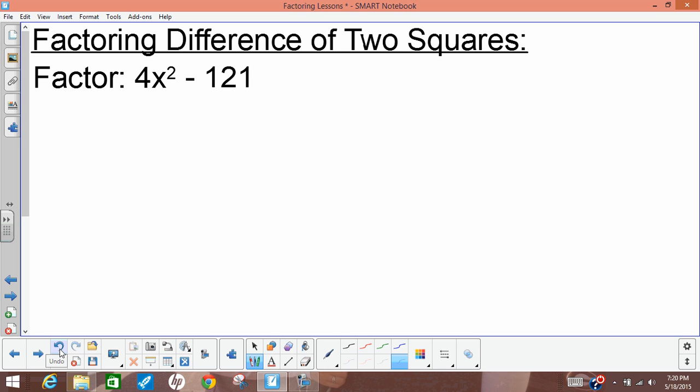Another type of special case is the difference of two squares. So here we have only two terms, but you might be able to see that 4 and 121 are perfect squares.